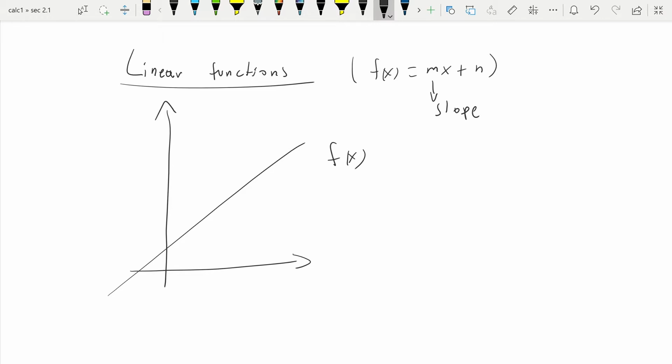So it's always the same at every point, and this quantity m corresponds to the quotient delta f divided by delta x, which is well defined.